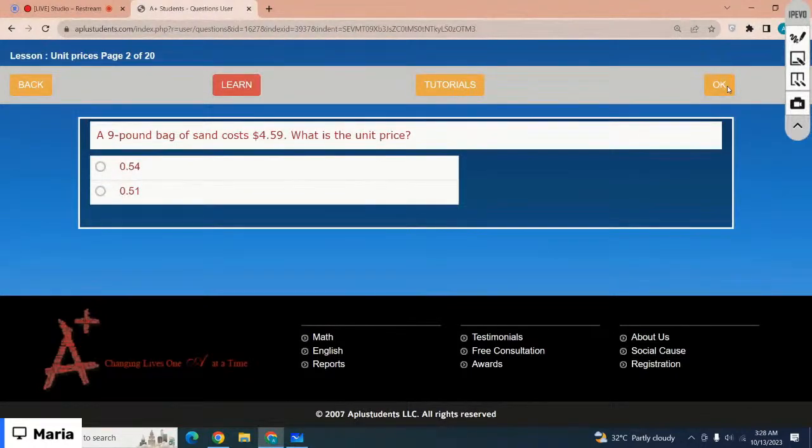Okay, the next one: a 9-pound bag of sand costs $4.59. What is the unit price?